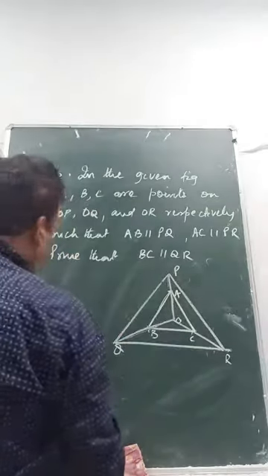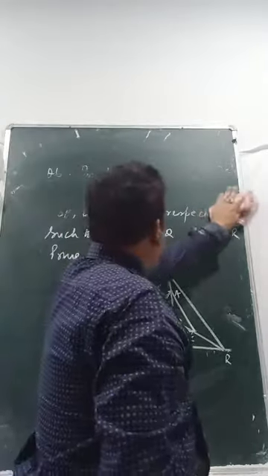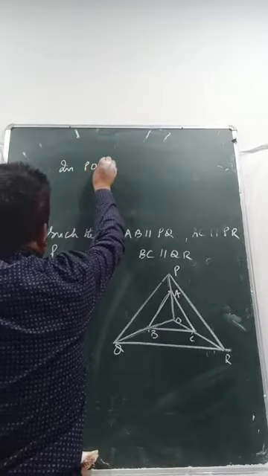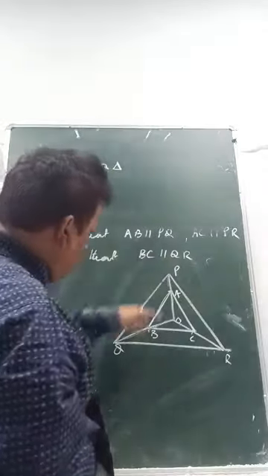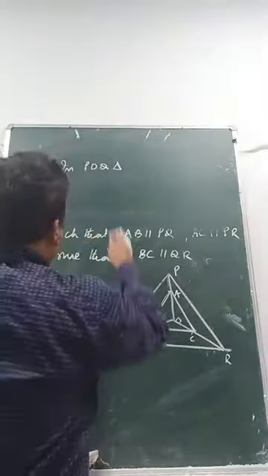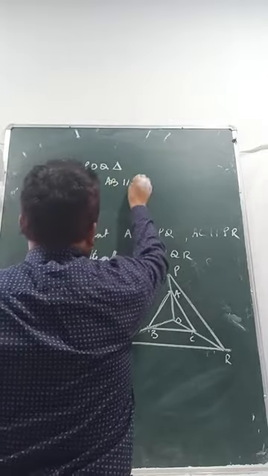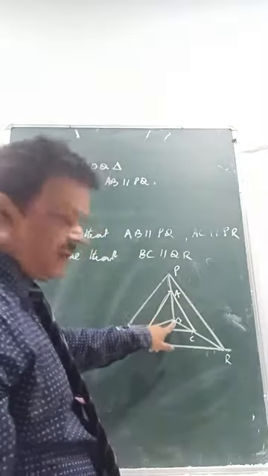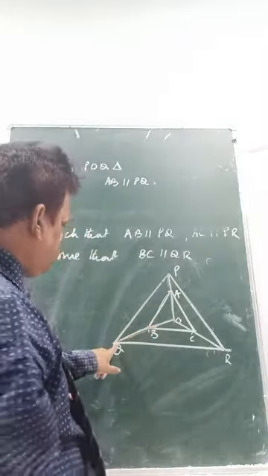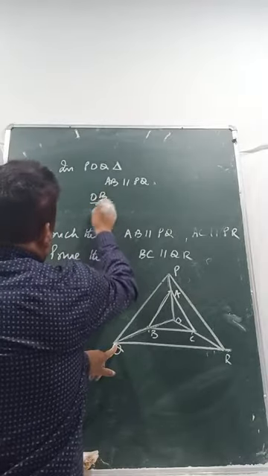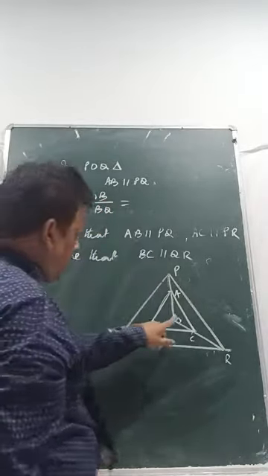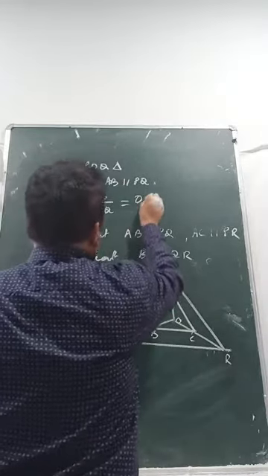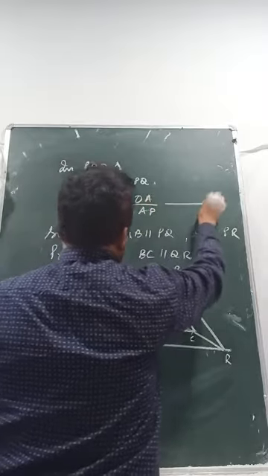POQ triangle. In POQ triangle, AB is parallel to PQ. If this is parallel, its opposite is which point? O. OB by BQ equals OA by AP. Equation number 1.